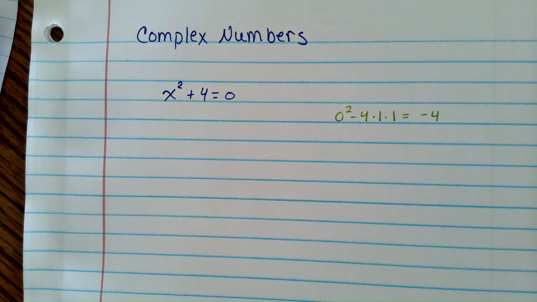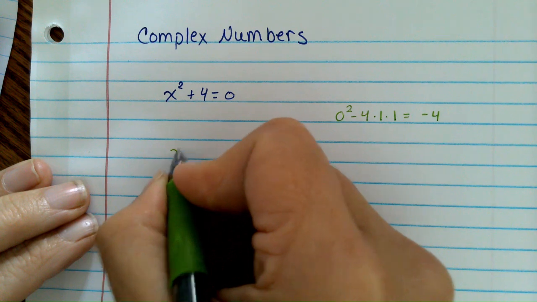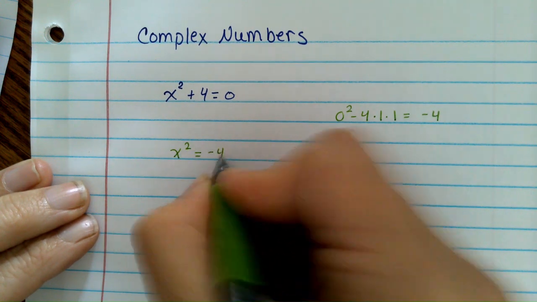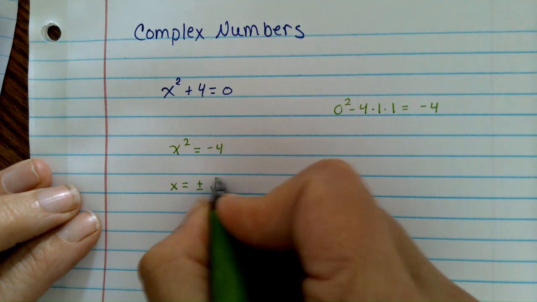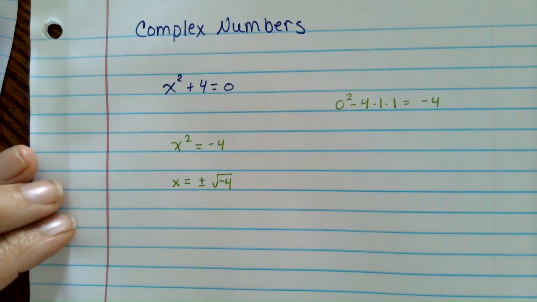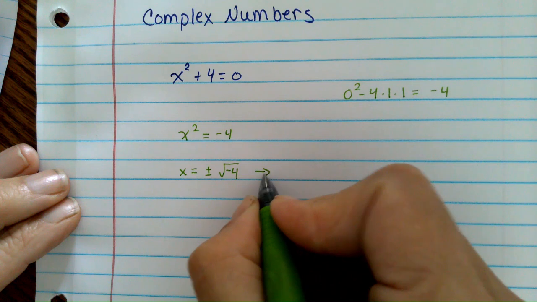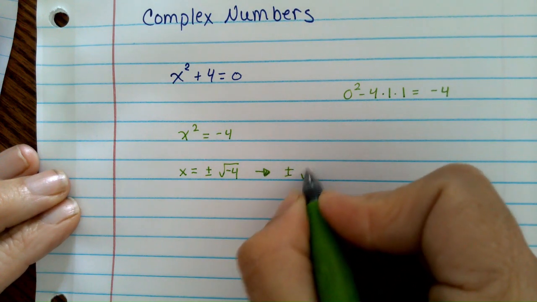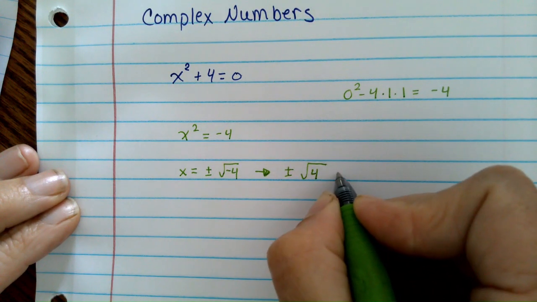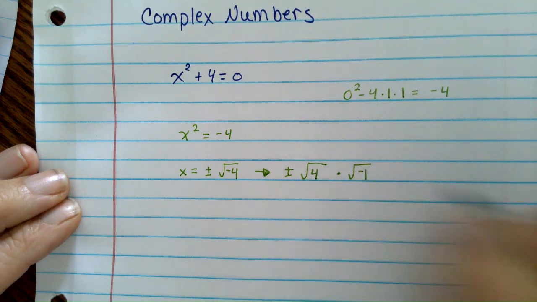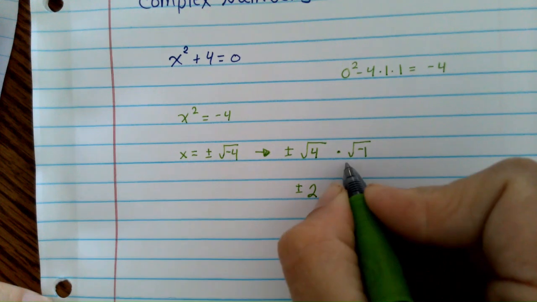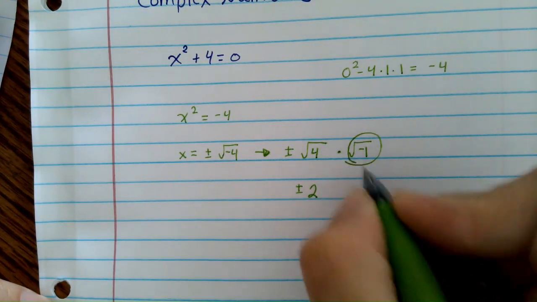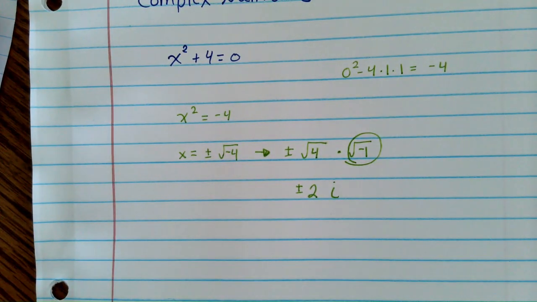So what mathematicians have done is they've said, okay, well, x squared is going to be -4. So x is going to equal plus or minus the square root of -4, and I can't do that. However, I know 4 is 4 times -1, right? So this is plus or minus 2, and instead of writing the square root of -1, I'm going to abbreviate that i.